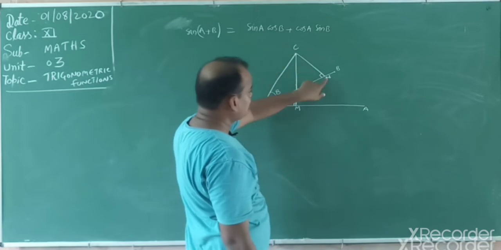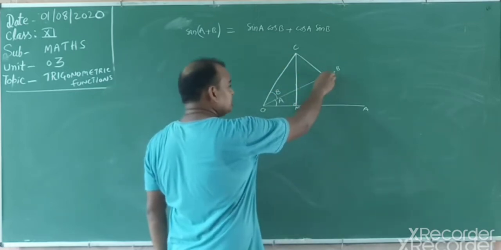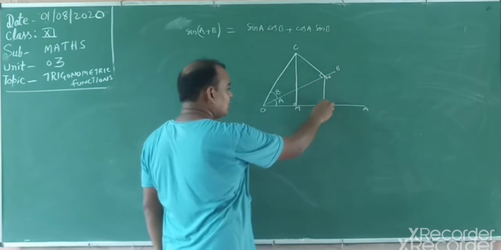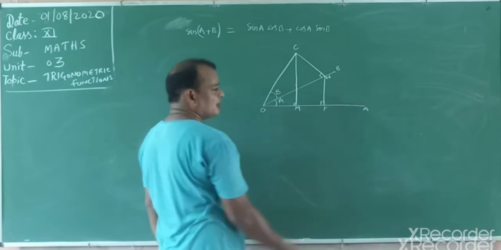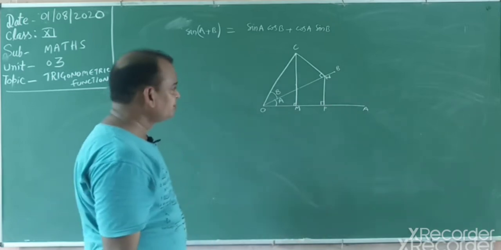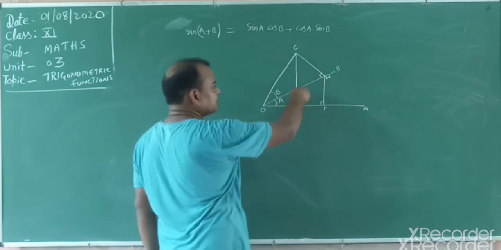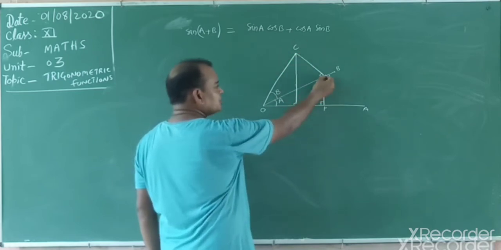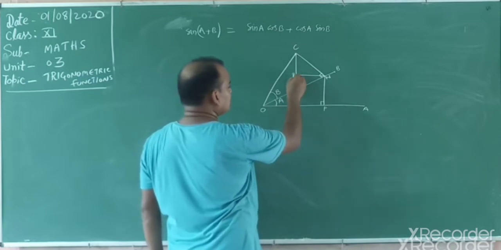From here to here we draw the perpendicular. After that, from this point we draw the perpendicular to the OA line. Suppose this is P or Q, whatever it may be. After that again, from this one to the CM line, we draw the perpendicular and let it meet at the point R.